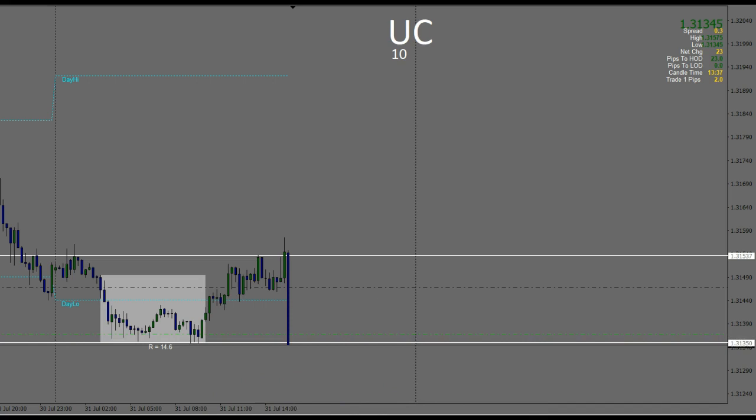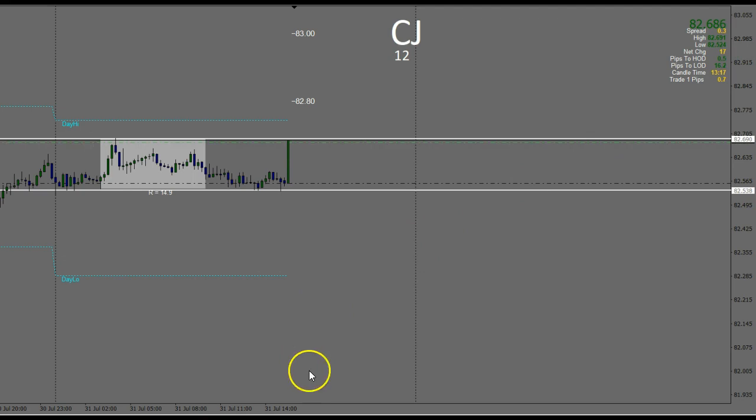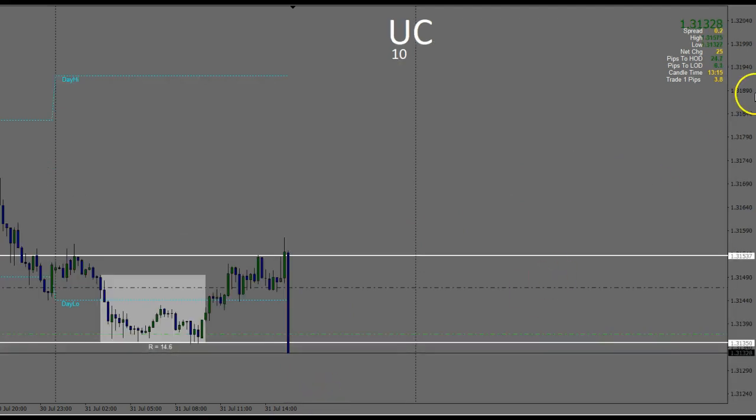Set my price stop. 12 pips on the Canadian dollar Japanese yen is the price stop. There, and we're done. And that's all there is to it.